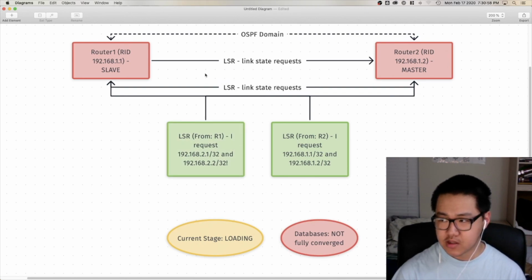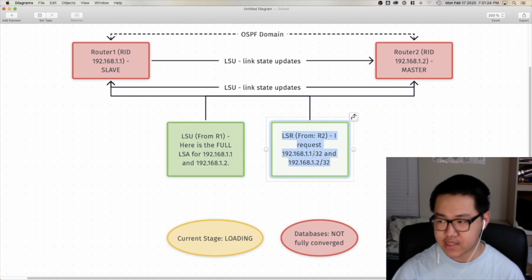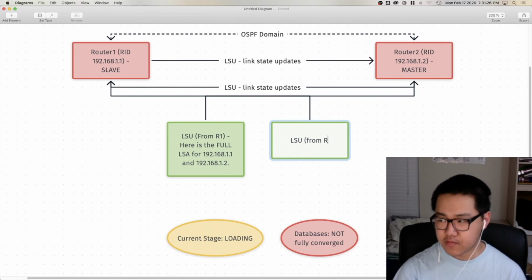Anyway, so now they've received each other's link state requests, now they can send the full-fledged LSAs in an LSU, link state updates. And by the way, if anyone needs it, LSA means link state advertisements. So in the LSU from R1, here is the full LSA for 192.168.1.1 and 192.168.1.2. You know it's /32. I'm too lazy to type it in. LSU from R2.